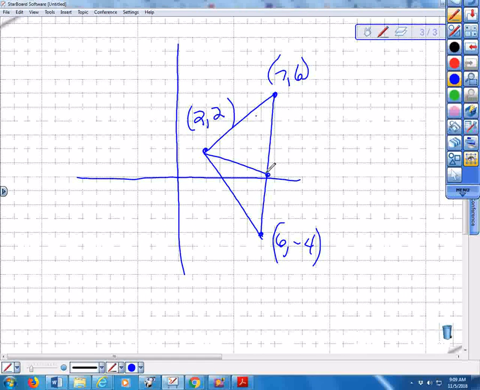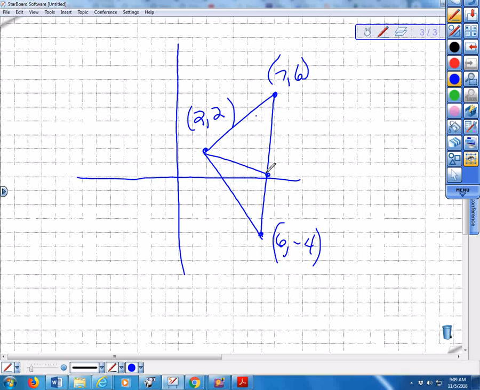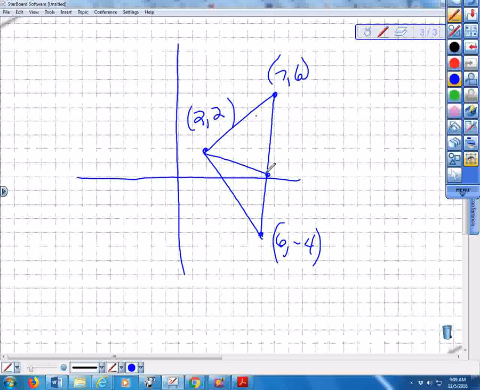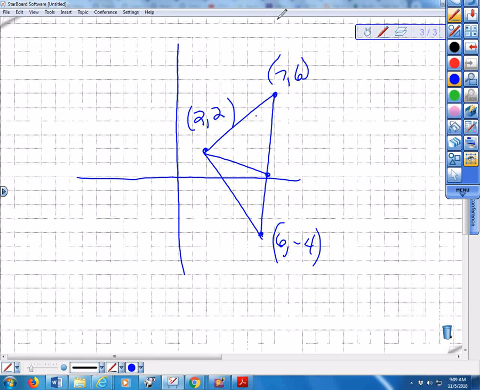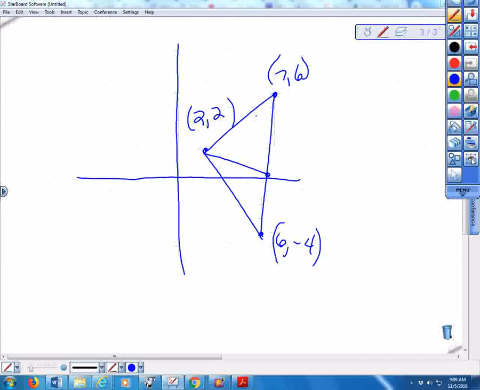You can use determinants to find the area of a triangle without having to do all of that work. To do that, the area of the triangle equals plus or minus the determinant of, you're going to put the x's, it doesn't matter the order, in the first column.